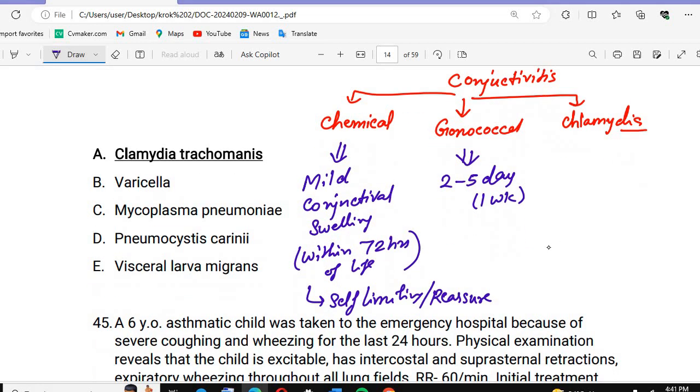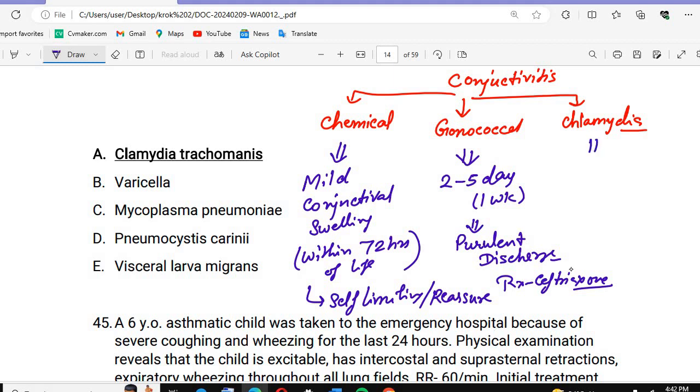In gonococcal conjunctivitis, we see a purulent discharge. And what treatment will we give in this condition? That is ceftriaxone. We already studied this when we talked about gonococcus; the treatment is ceftriaxone.